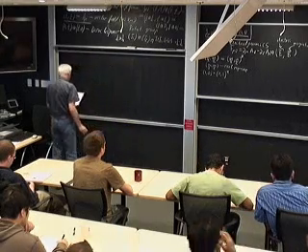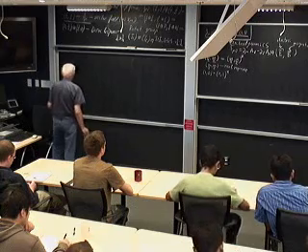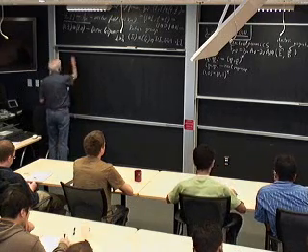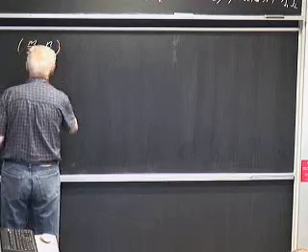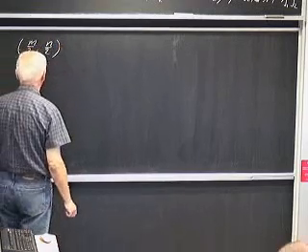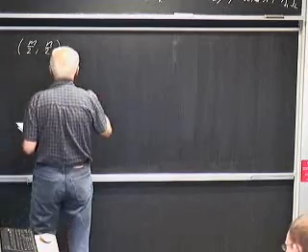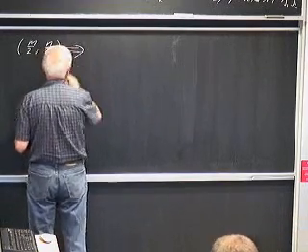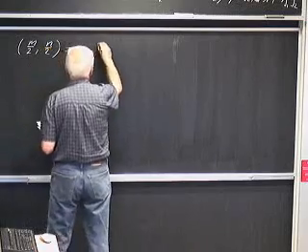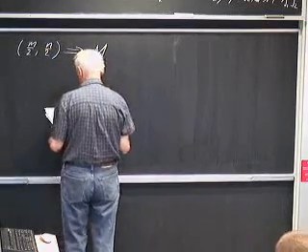Now, let's consider some general representation (m/2, n/2). And to this representation, we have a matrix.